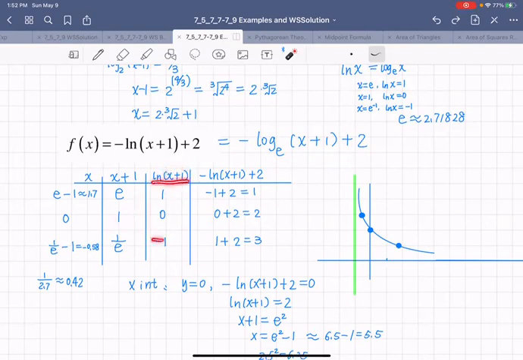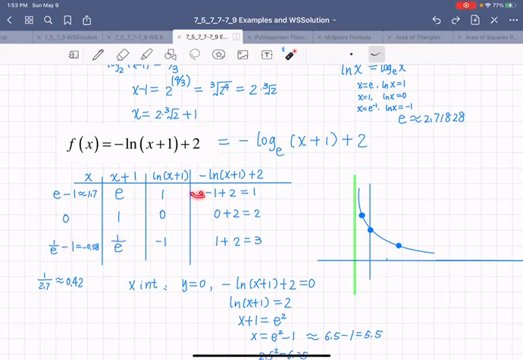If this is negative 1, that guy will equal e to the power negative 1, which is 1 over e. So you have these 3 points. You have this plus 1, so x will be e minus 1. Here is 1 minus 1, go to 0. And 1 over e minus 1, go here.